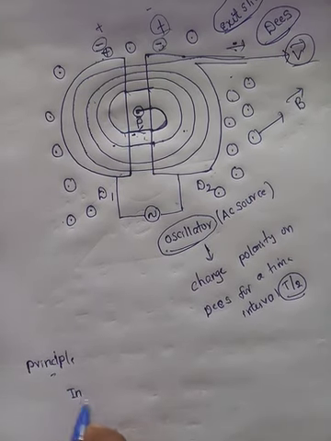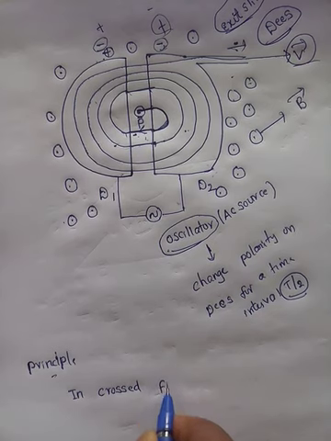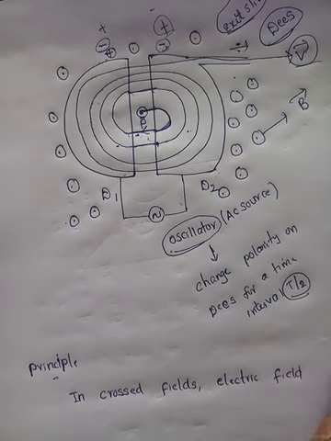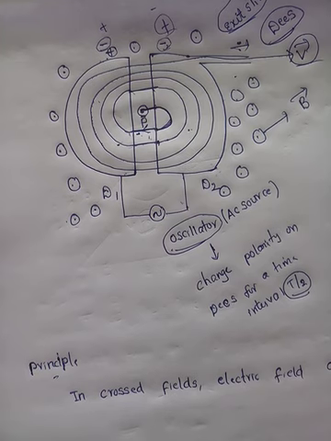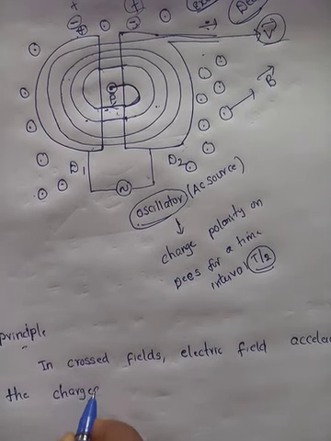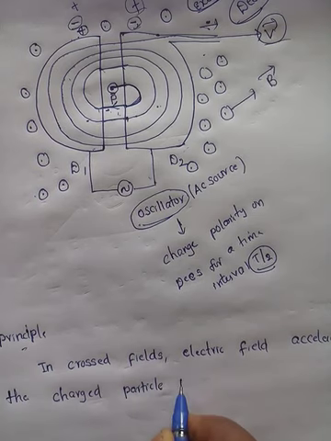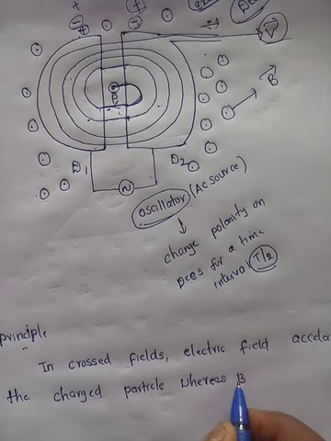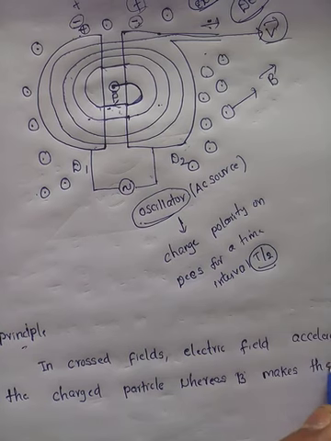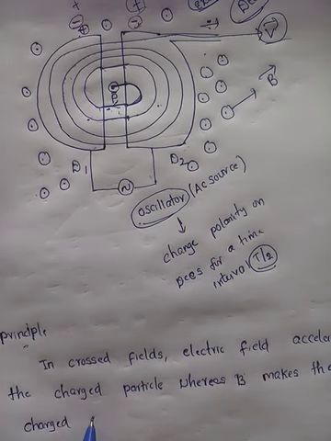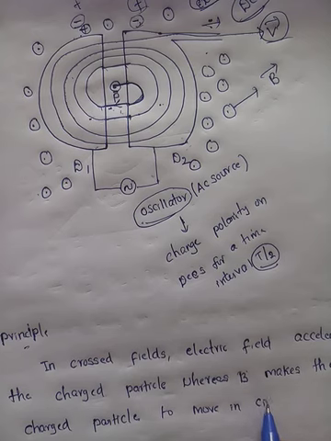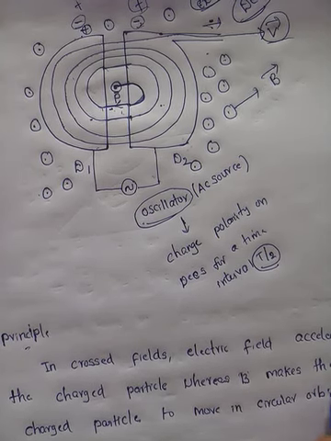So, we can write: in crossed fields, the electric field accelerates the charged particle, whereas the magnetic field makes the charged particle move in a circular orbit. So, this is the principle.